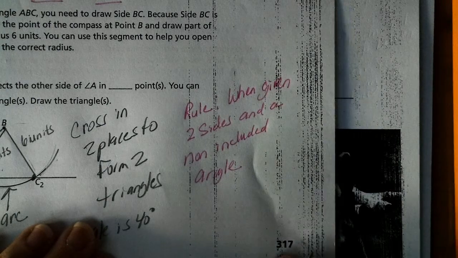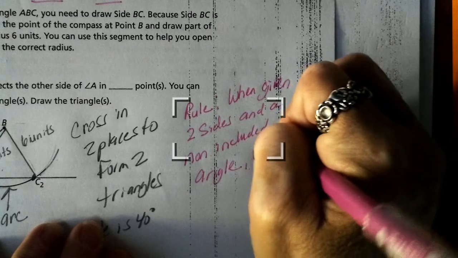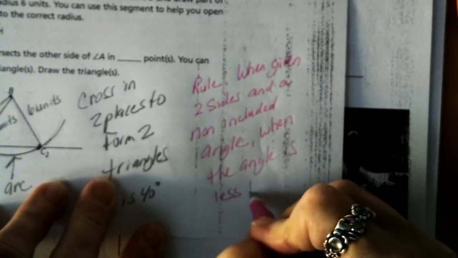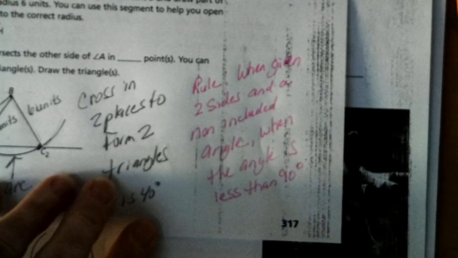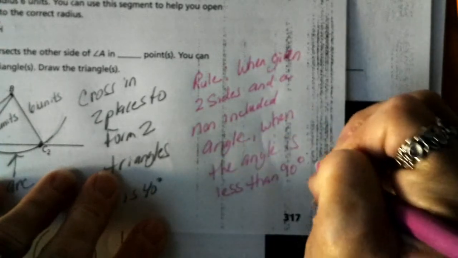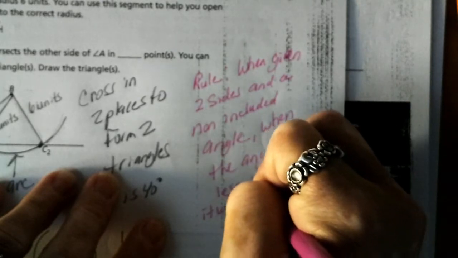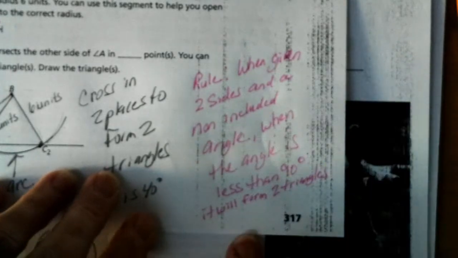Okay? So here's the rule. When given two sides and a non-included angle, when the angle is less than 90 degrees, it will form two triangles.